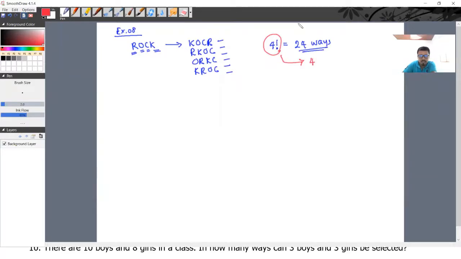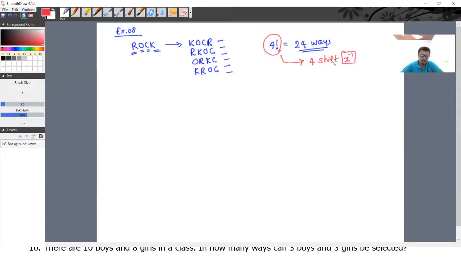You need to press the shift button, and you can see this button, X to the power minus 1, right below the mod button.